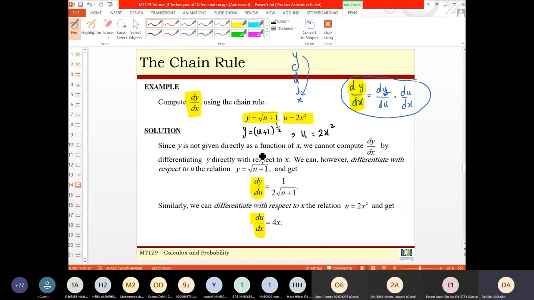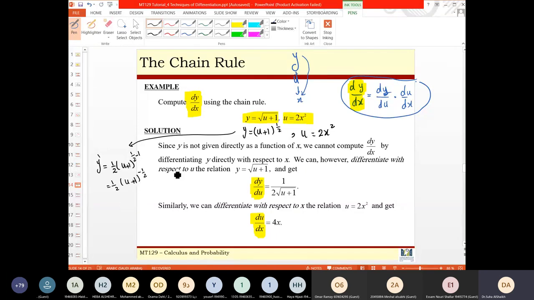What is dy by du? It is 1 على 2 في الroot of u plus 1. How we do this? I can say y dash مثلا. It is half في u plus 1 to the power half minus 1. This is half في u plus 1 to the power minus half.